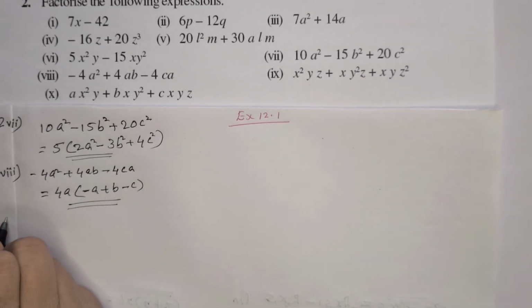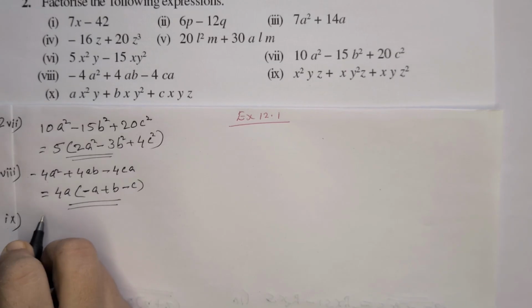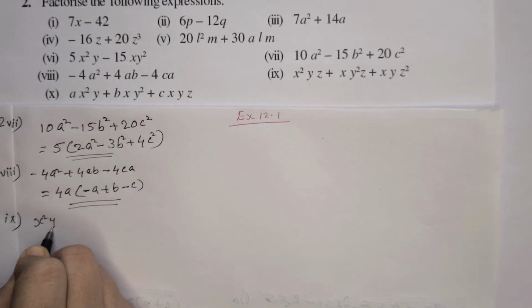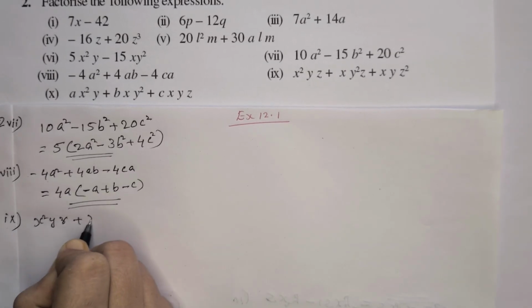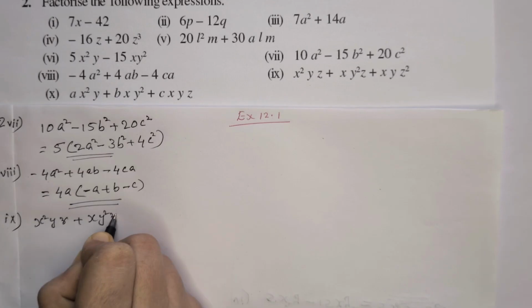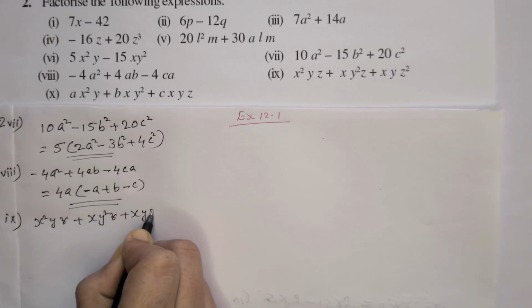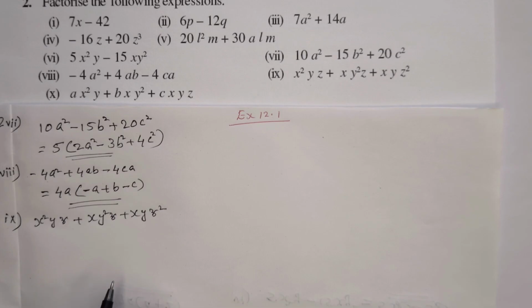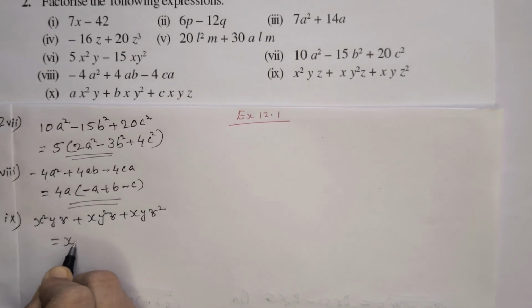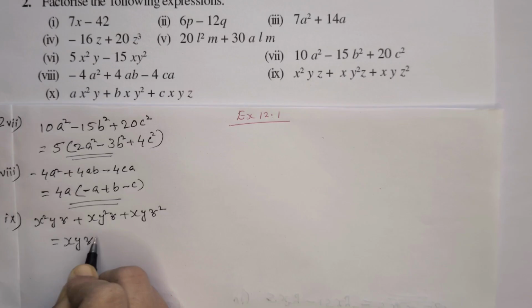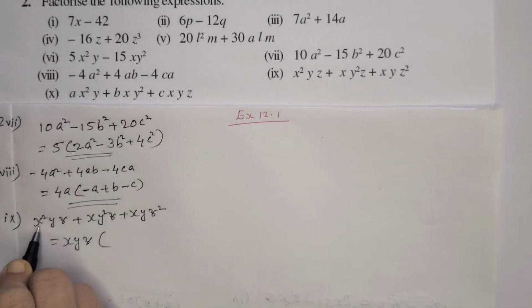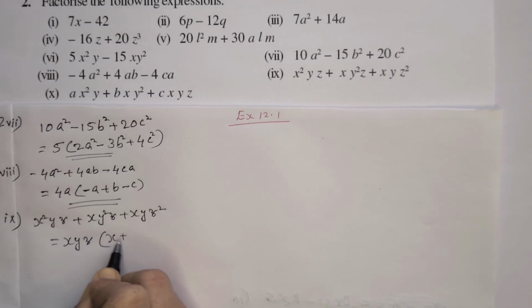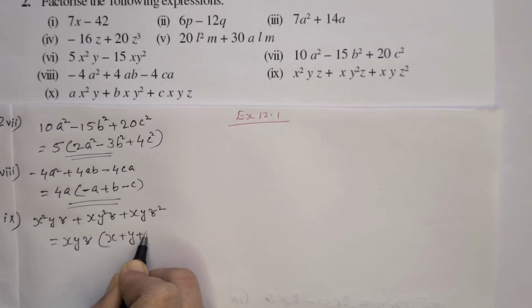Now next one. x square yz plus xy square z plus xyz square. Here all 3 terms contain xyz. So we can write xyz is the common factor, take that out. Then what is remaining here? x, here y and z.